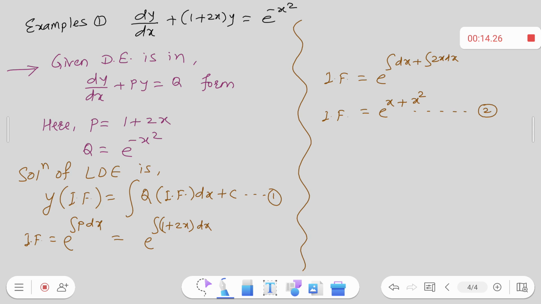Now put equation 2 in equation 1. So put the value of the integrating factor in equation 1.